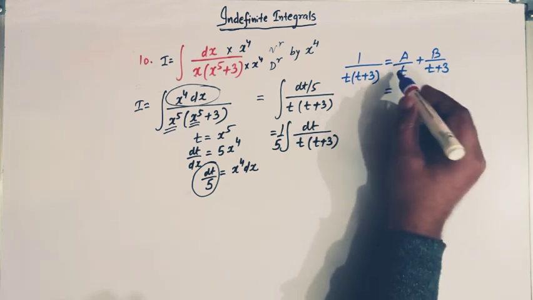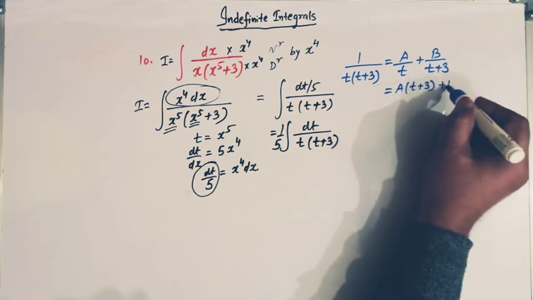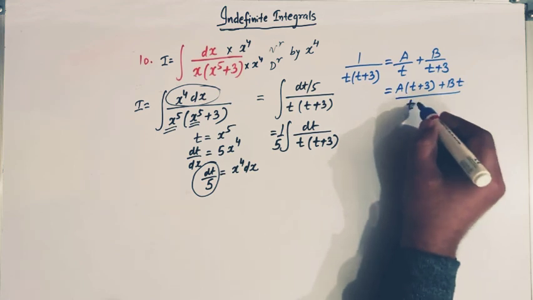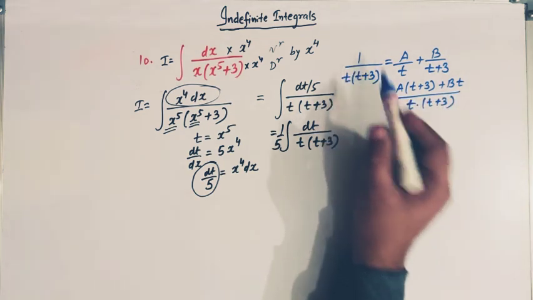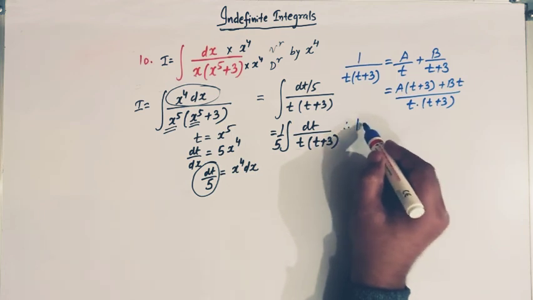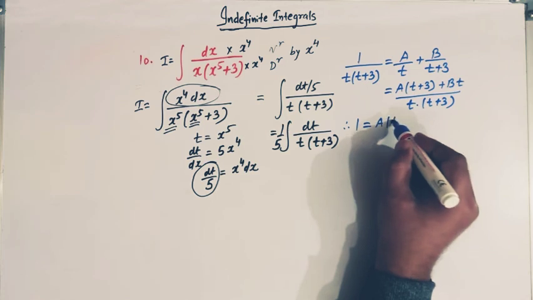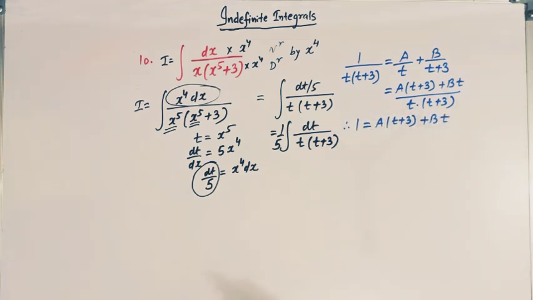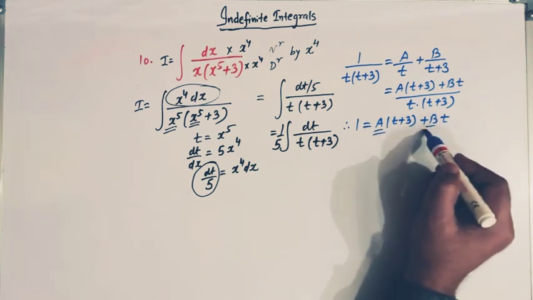So this can now be written as a times t plus 3 plus b times t divided by t plus 3, right? Now we can equate 1 is equal to a times t plus 3 plus bt, right? Now we have to find the values of a and b.